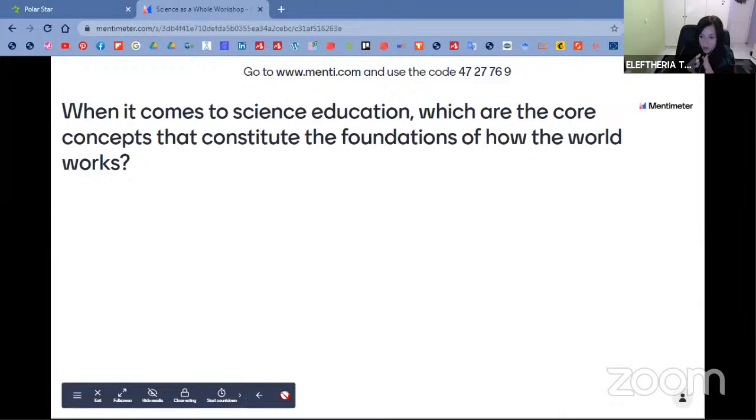And I would like to encourage you to not just think about your own discipline if you're a science teacher, think about all science disciplines and focus on the content, on the curriculum, not on ideas about science in general, like the ethics behind science or the value of mathematics and all that. Just think about science curriculum right now. Which do you think are the core concepts that students should definitely remember for the rest of their lives?